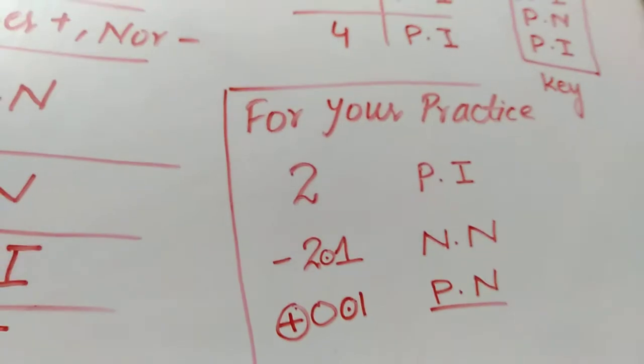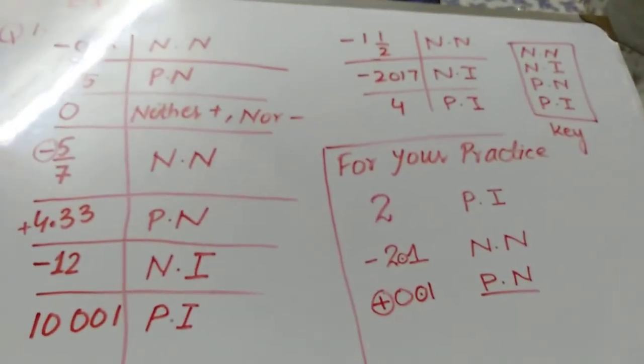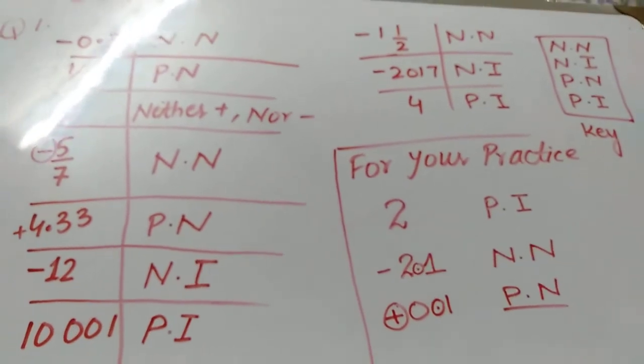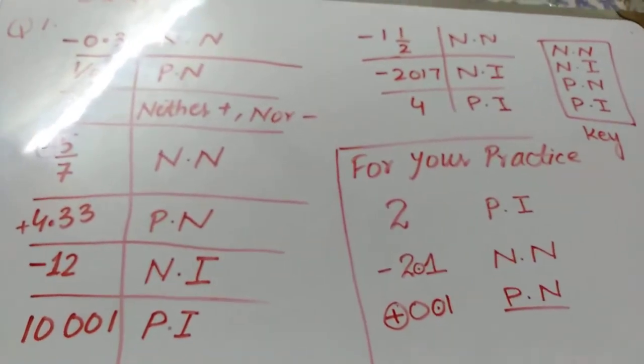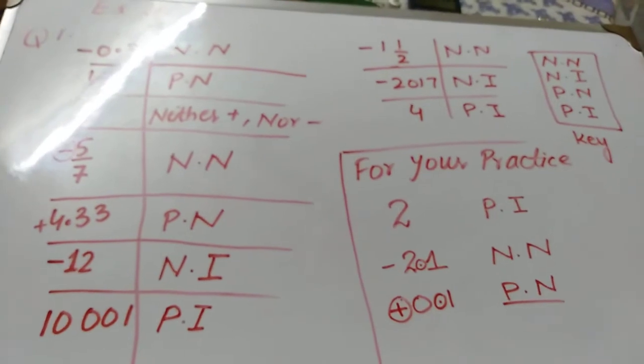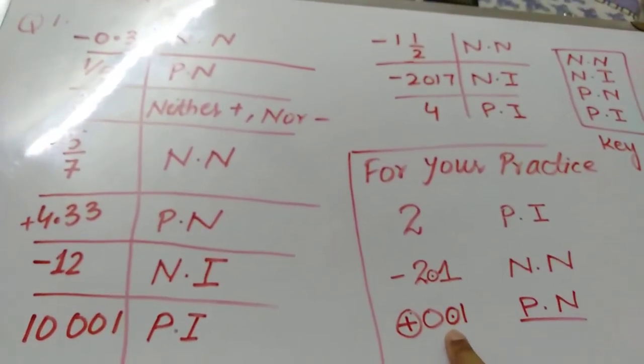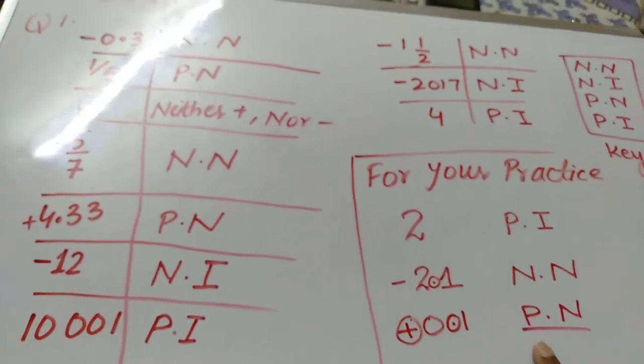So from this we clearly come to know that whenever we have a positive sign with the number and it's not in fraction or decimal form, then we will name it a positive integer. And whenever there is a positive sign and the number is in decimal form or a fraction, we will name it a positive number.